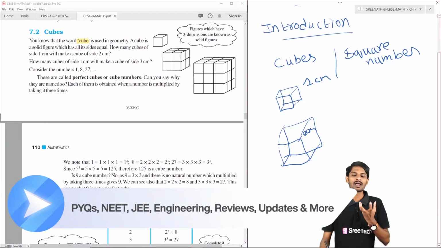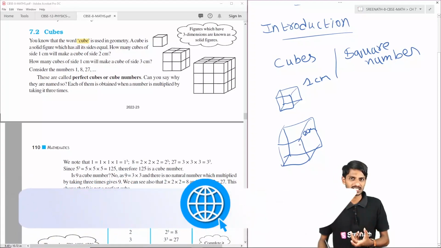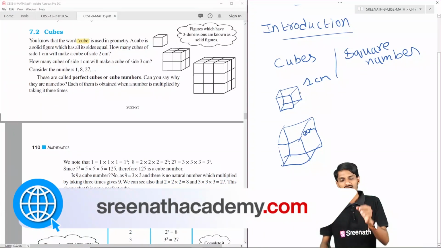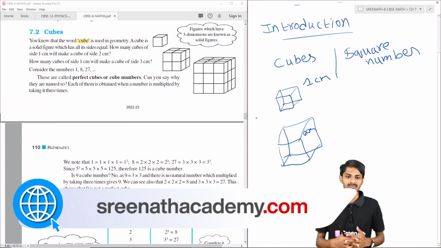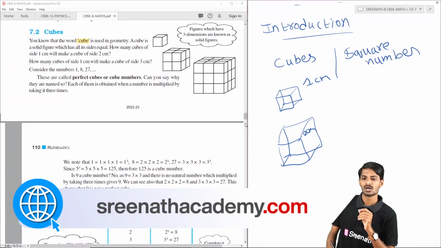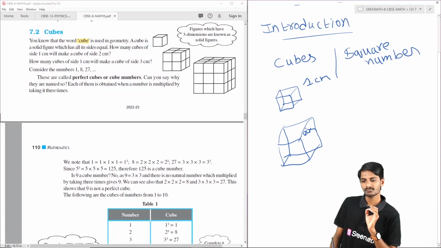To make a cube whose side length is 2 centimeters, how many cubes of side length 1 centimeter are required? How many? Can you tell? Yes, we require 4. Is it correct or not, students? Tell me quickly.